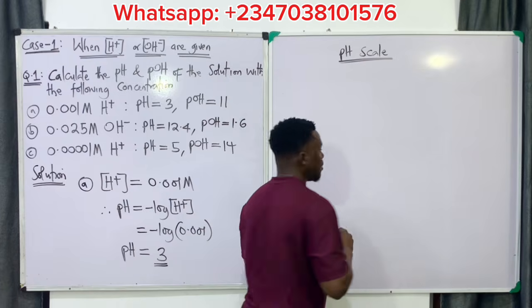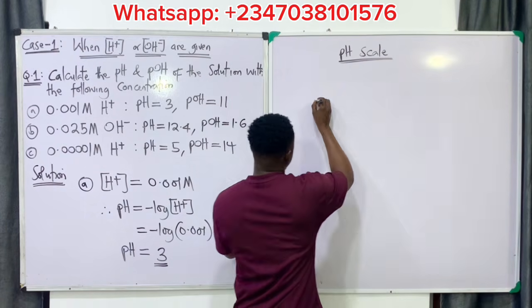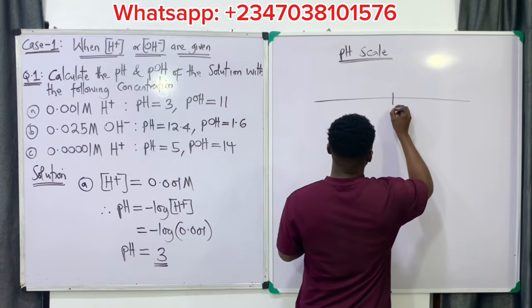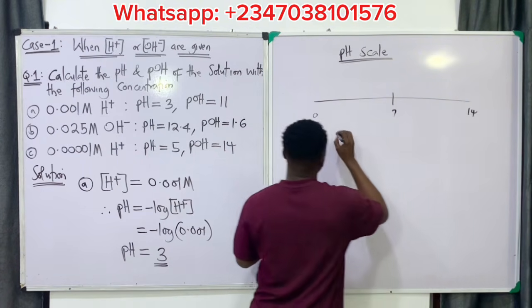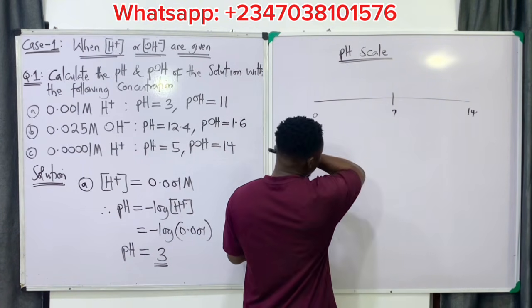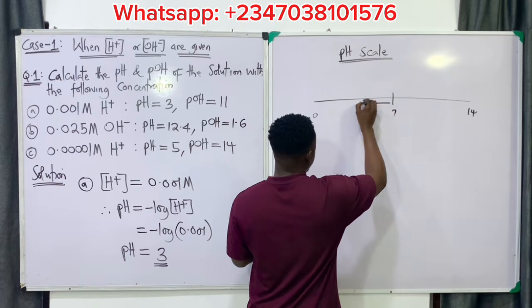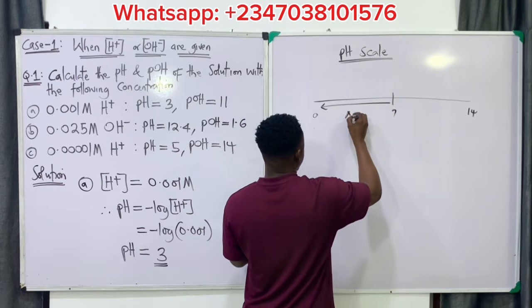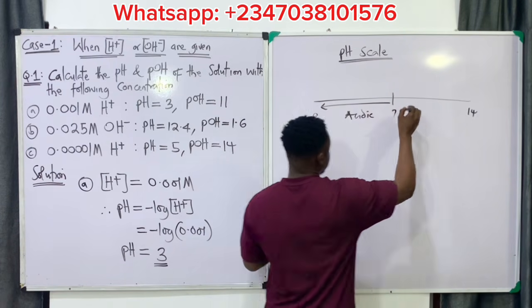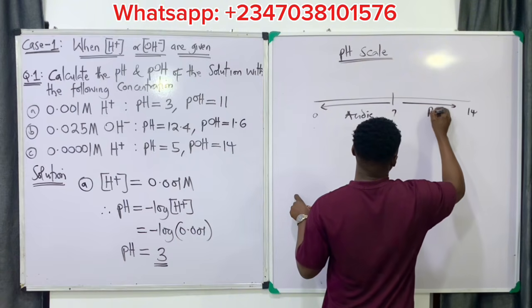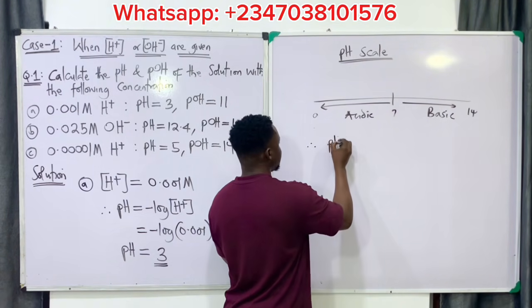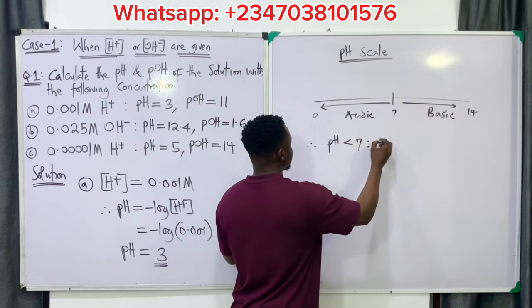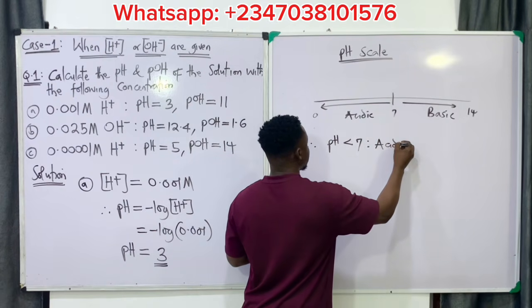Now let's talk about the pH scale. So let's say this is 7, this is 0, and this is 14. Now this way is acidic. So if I have pH less than 7, that is acidic.